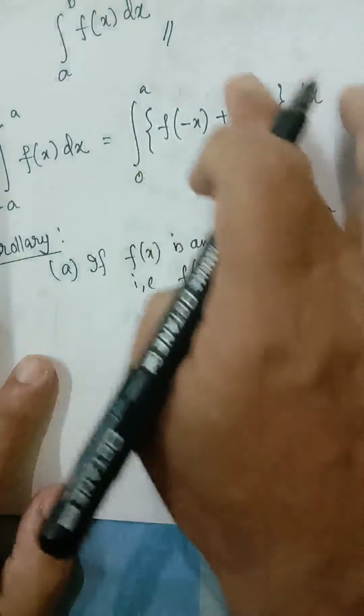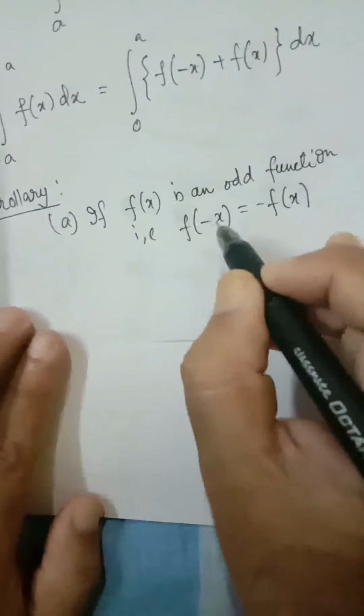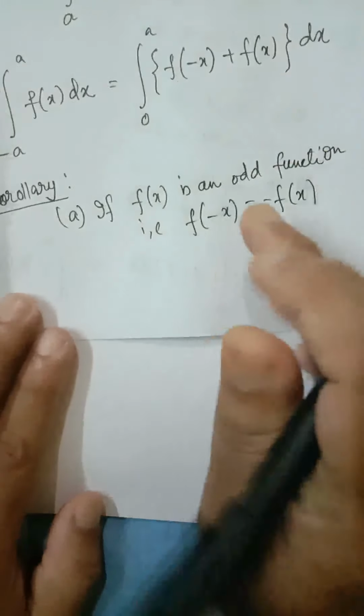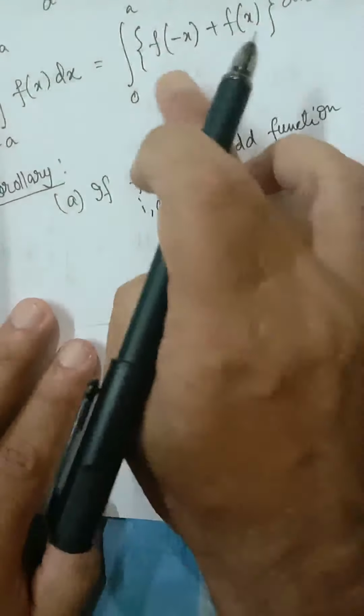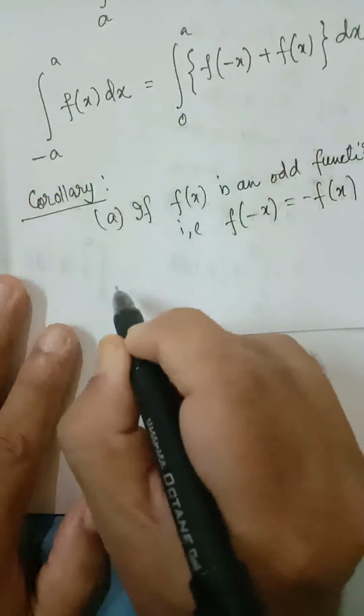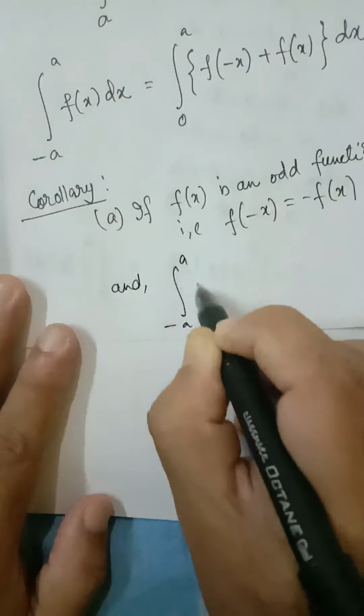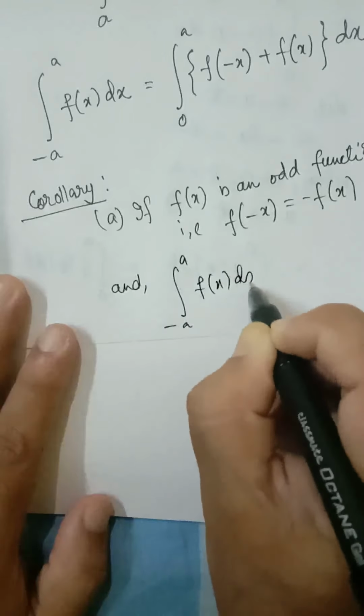So the value of this will be 0, and therefore the value of this integral, minus a to a f(x) dx, will be equal to 0.